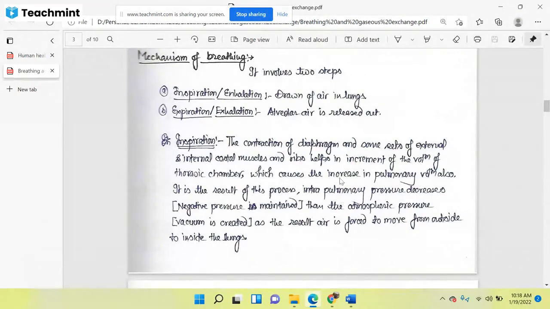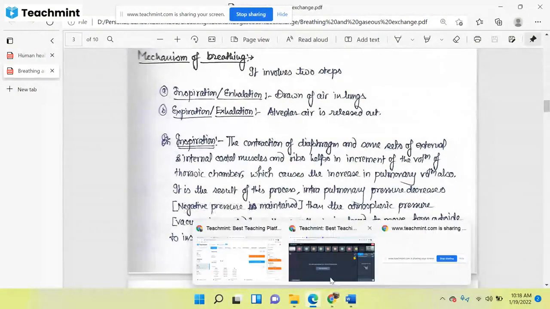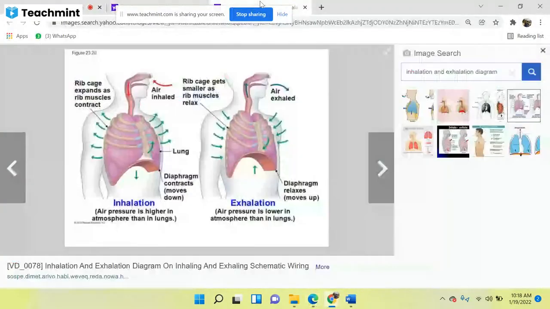Something has been written here. To understand the same thing, we will see this figure first. By this figure we will understand completely how we are inhaling the air and how we are exhaling the air. Here you just see, both of these pink structures are representing the lungs, and these are the ribs, and the same is also here.